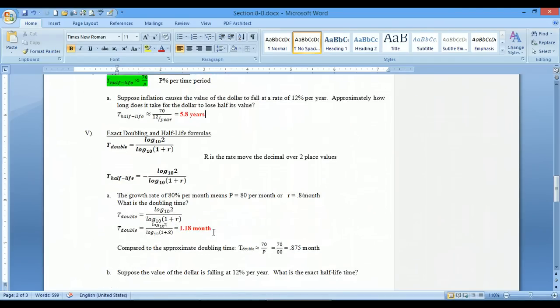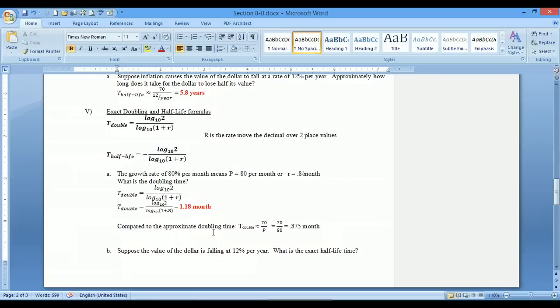Moving on to Roman numeral 5, the exact doubling and the exact half-life formulas. This is using logarithms. That probably scared some of you by saying the word logarithm. A logarithm is just rewriting an exponential equation as the exponent. So you can't rewrite something with the exponent without a logarithm. This is T subscript double equals log base 10.